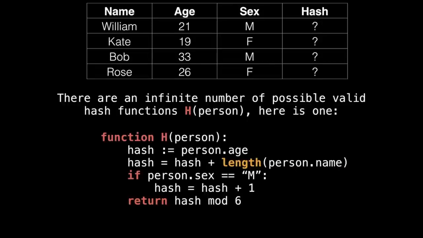And I'm going to increment by 1 if they're males, and then mod by 6. So as you can see, hash functions are a bit arbitrarily defined at this point. We're going to get into some more sophisticated hash functions later. So this particular hash function yields those values.